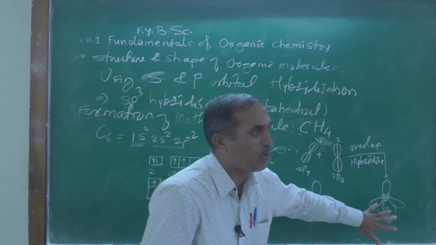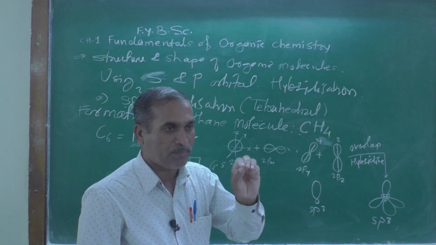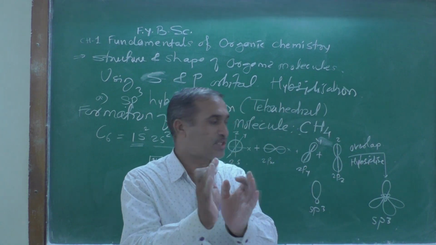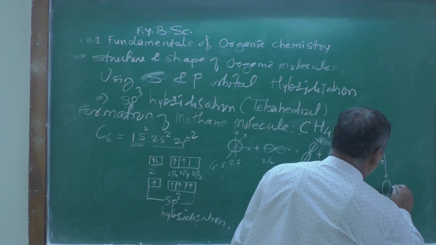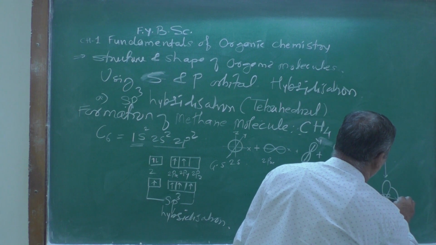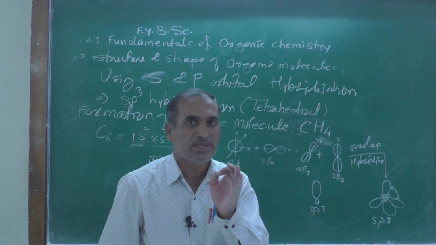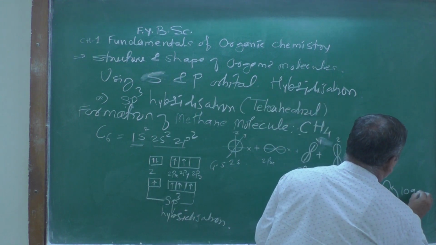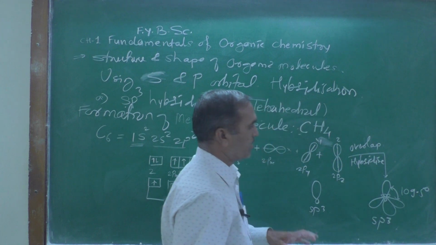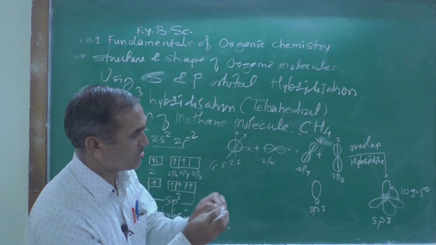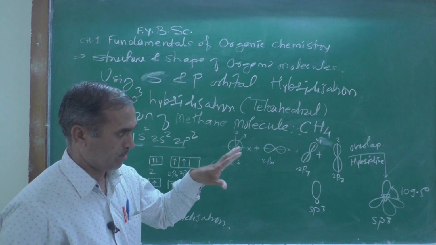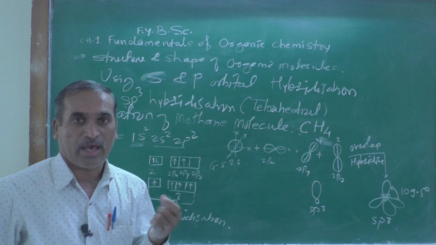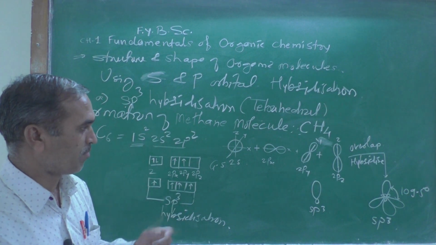These are the 4 new sp3 hybrid orbitals, and it has tetrahedral geometry, and the bond angle found in the tetrahedral geometry is 109.5 degrees, right? That is a definite angle present in a tetrahedral geometry. That is a characteristic or important feature of that.